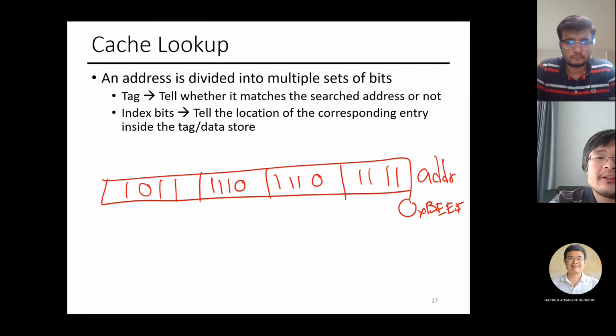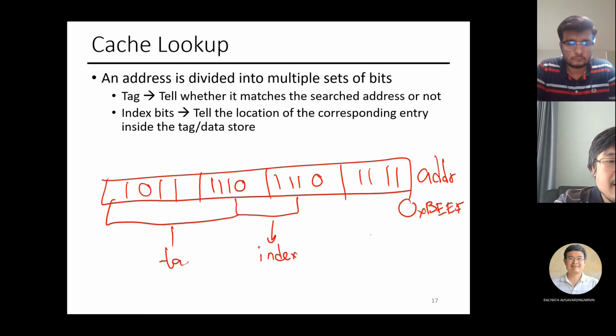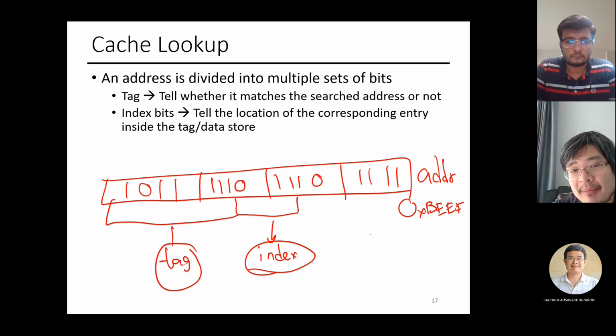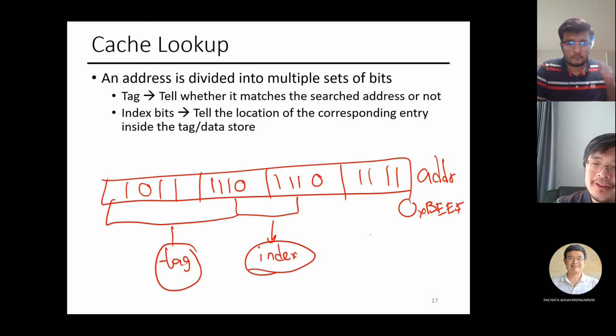A part of this address is going to be used as the index bit. And the top half after the index bit are the tag bit. So this is used to identify if your data is there or not. This is used to identify what set I am going to. Index bit, the number there, in this case 0111, is the set ID. So in this case, let's go to set number 7. It's as simple as that.